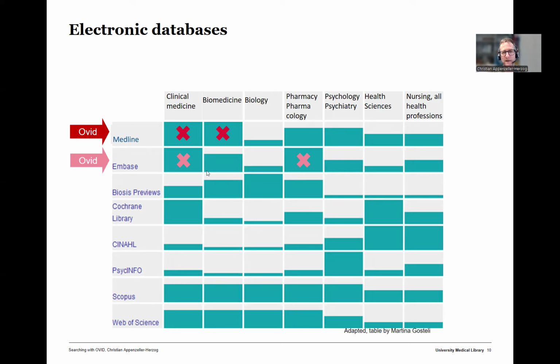And Embase is in clinical medicine, but then in pharmacy and pharmacology. So that's the number one database for pharmaceutical compound searches and so on. And then PsycInfo. So these are just the 3 databases that we are going to use here during this session. And PsycInfo is not strong in the subjects categories that I've named before, but it's strong in psychology and psychiatry.